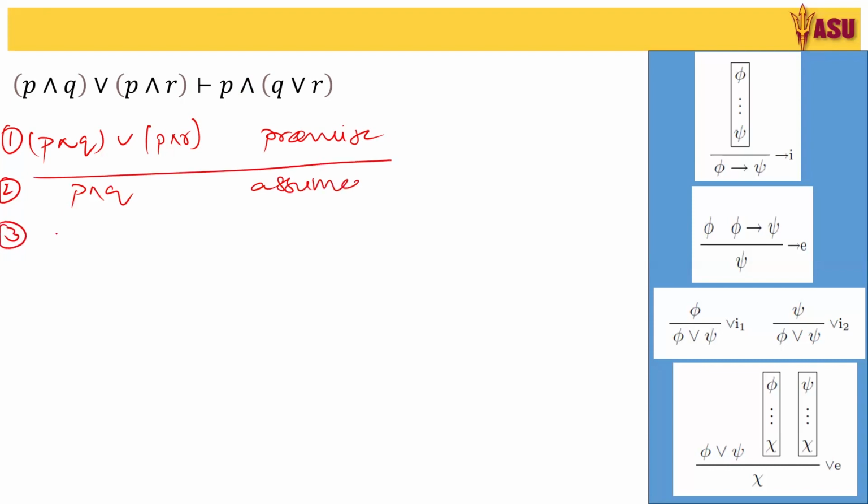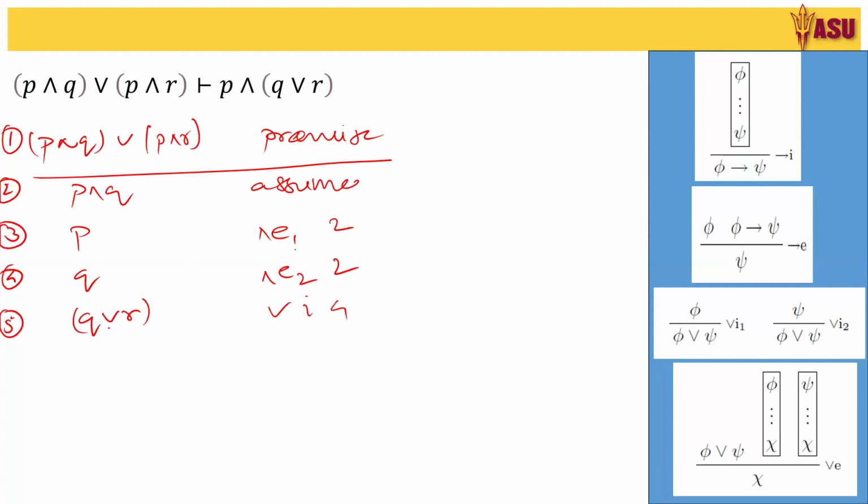Now from this, I have two possibilities. P is true, that is an and elimination 1 from 2, and the other is Q, an and elimination 2 from 2. So given this, now I can say Q or R from disjunction introduction 4.